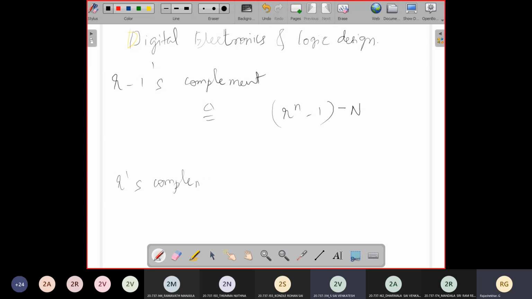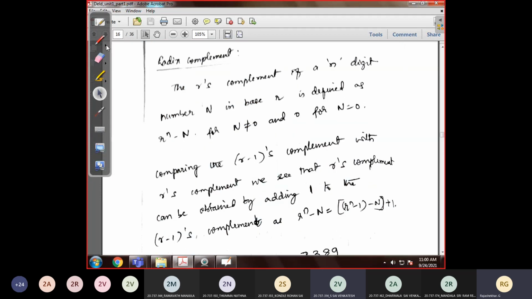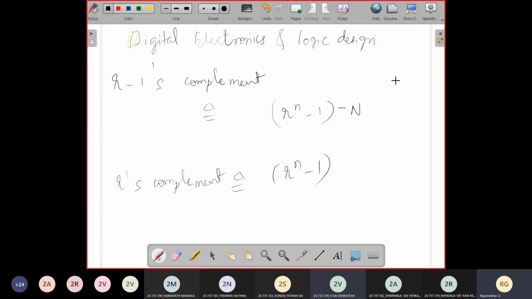The R's complement is defined as R power n minus N. R power n minus N. R power n minus 1.